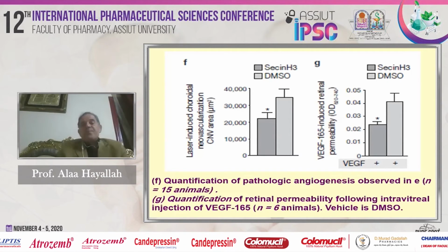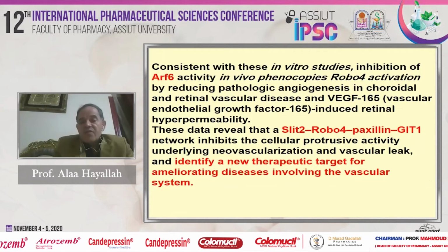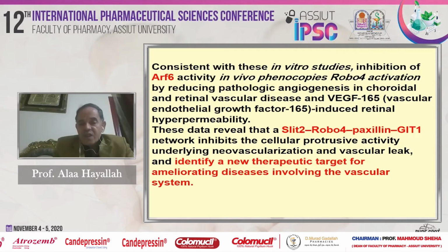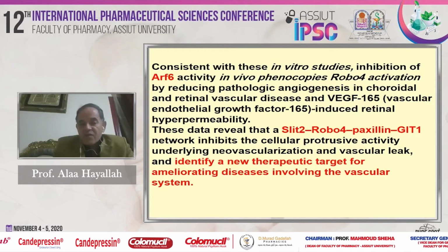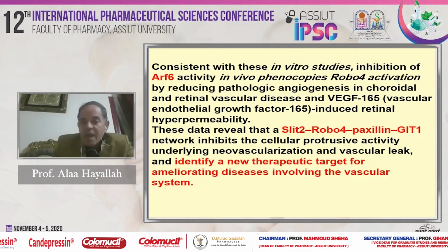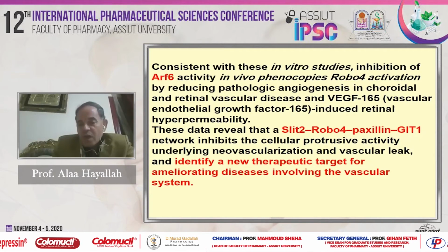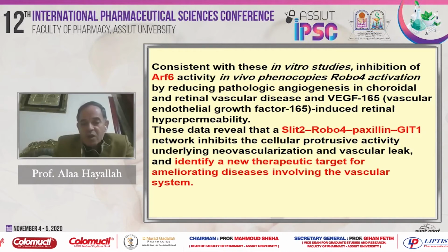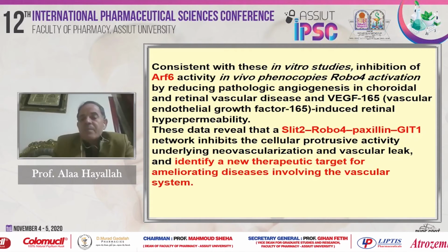And at the end, consistent with this in vitro study, inhibition of ARF6 activity in vivo phenocopies ROBO4 activation by reducing pathologic angiogenesis in choroidal and retinal vascular disease and VEGF165 vascular endothelial growth factor-induced retinal hyperpermeability.